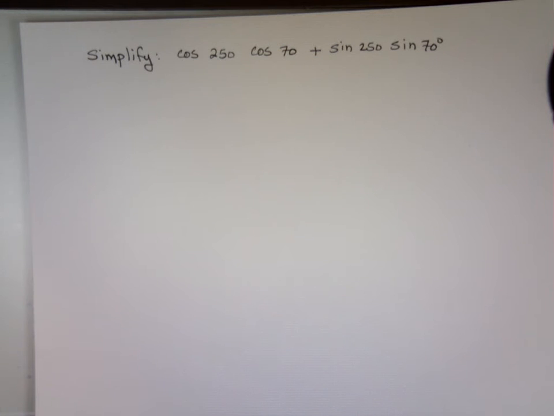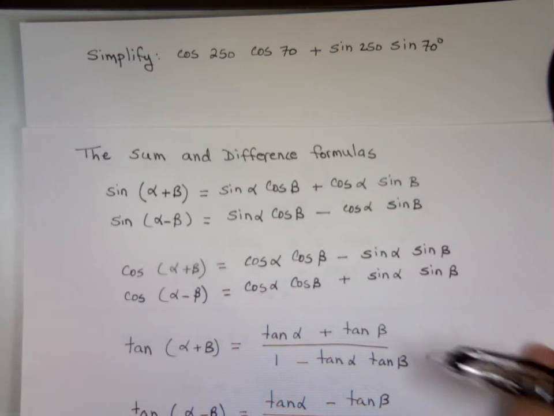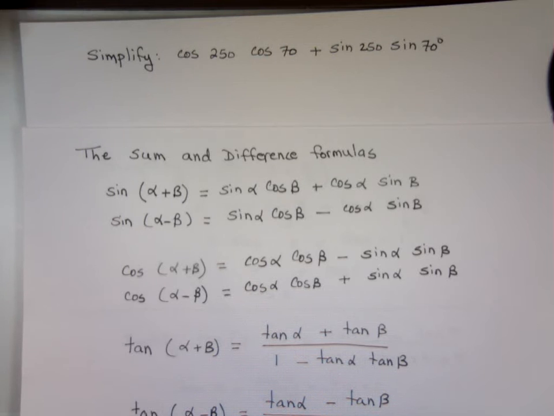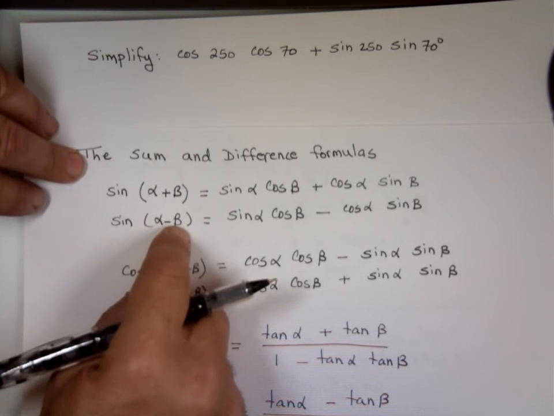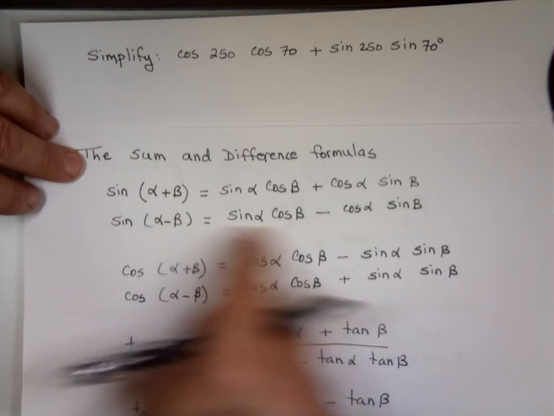I'll put these back up and see if they can help you. Cosine, cosine, sine, sine, with a plus between them. So it's the first minus the second, right? It looks like this one.